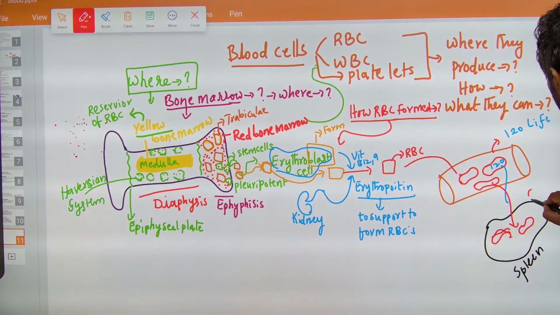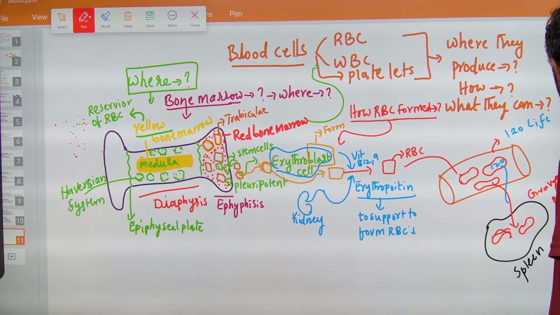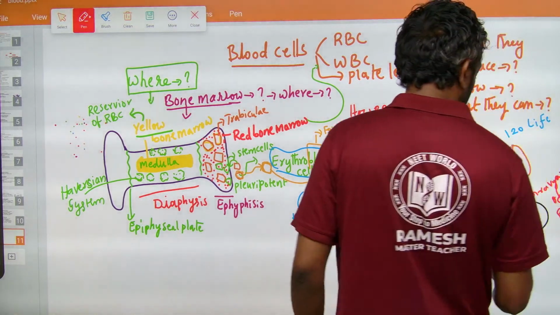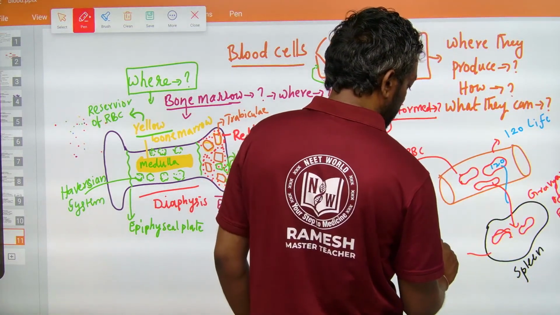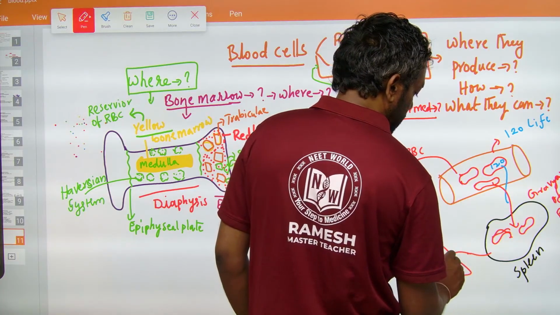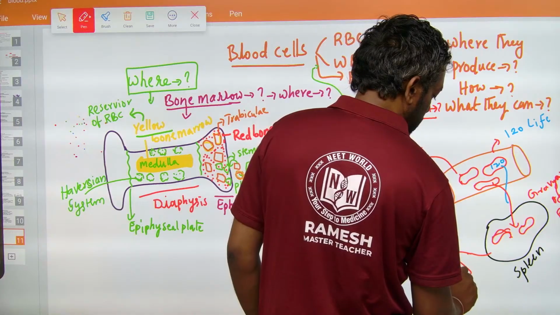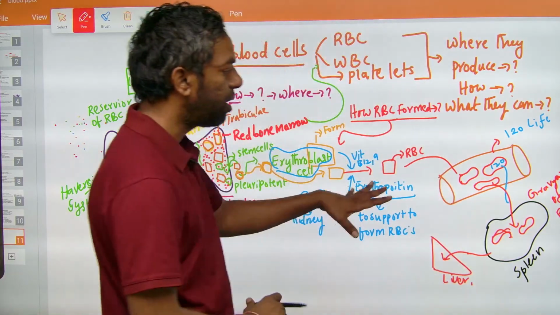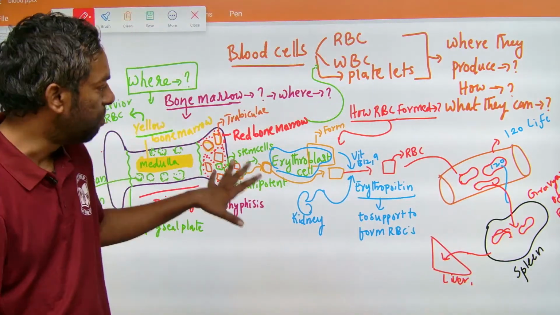This is the graveyard of RBC. The remaining particles finally reach the liver. This is how RBCs are produced from the bone marrow.